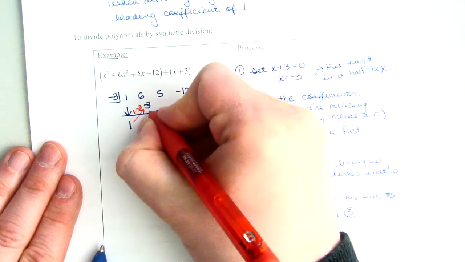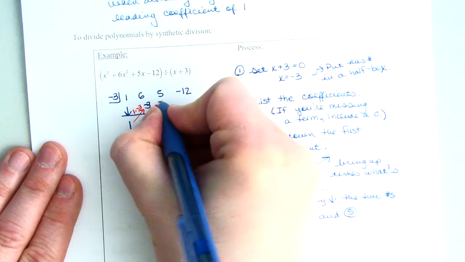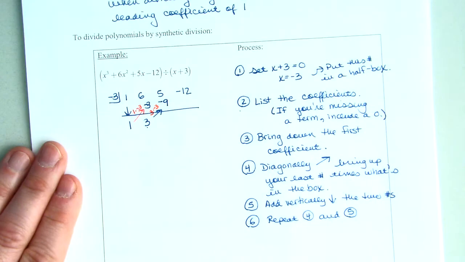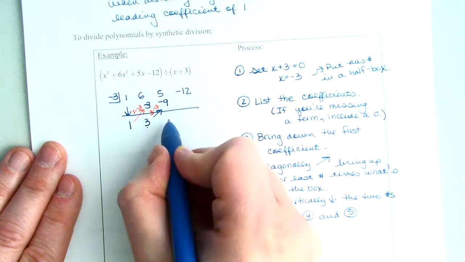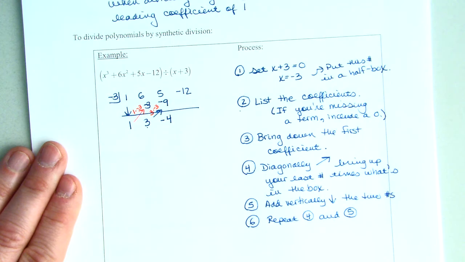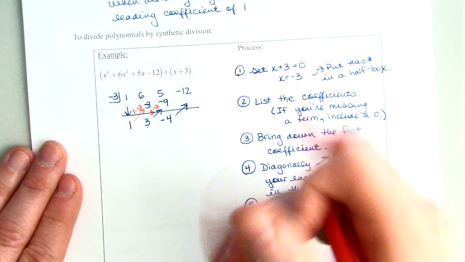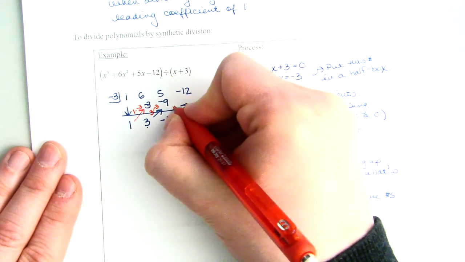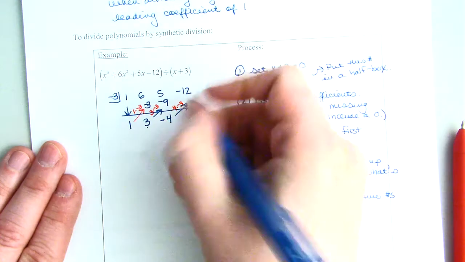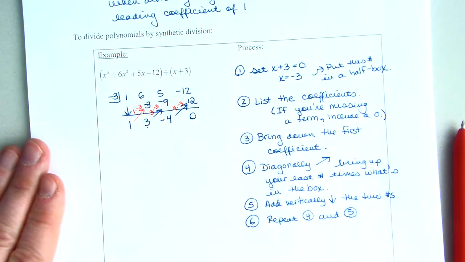I'm going to bring up 3 times negative 3, which means a negative 9. I'm going to add 5 minus 9, I'll get negative 4. Diagonally, I'm going to bring up that number times what was in the box, negative 4 times negative 3, and I'm going to get 12. I'm going to bring down a 0.